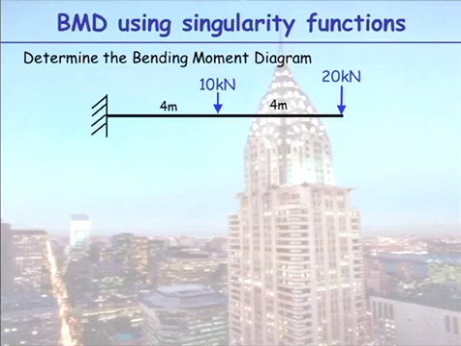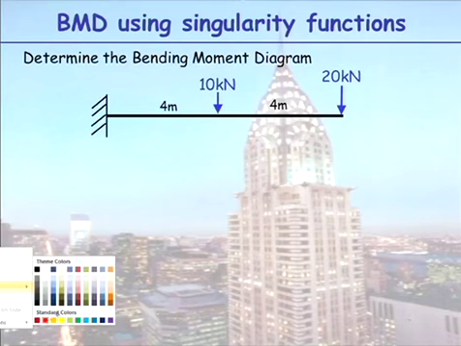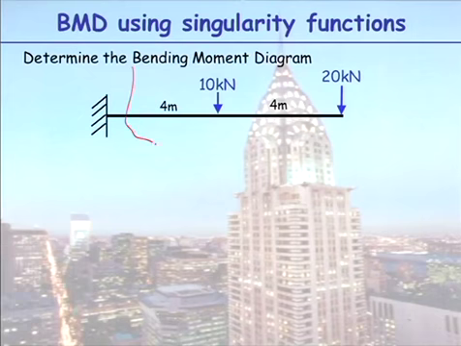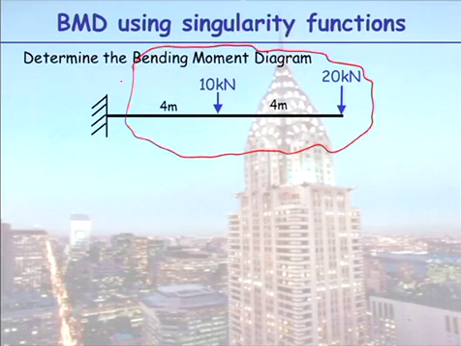Now let's be clever. Okay, let's do it the clever way this time. You look at this, you go, I have to calculate my reactions first and make my cut. Let's be clever, because you're allowed to be clever. And let's say no, let's consider a free body diagram to the right. If we consider that free body diagram to the right, do we need to know our reactions yet?